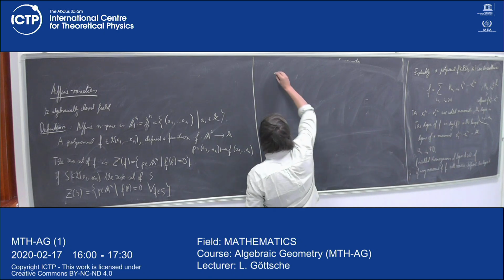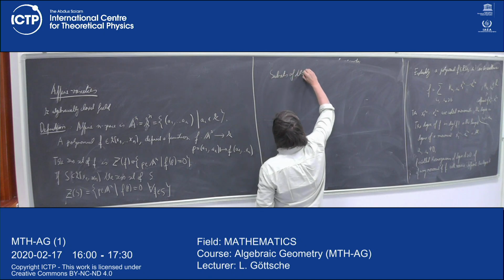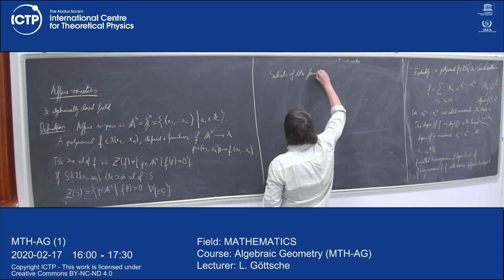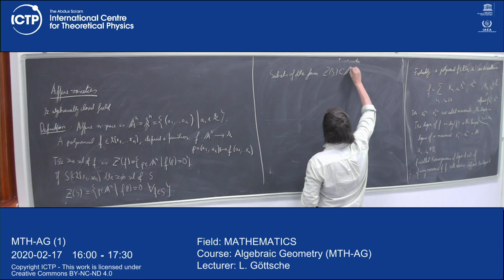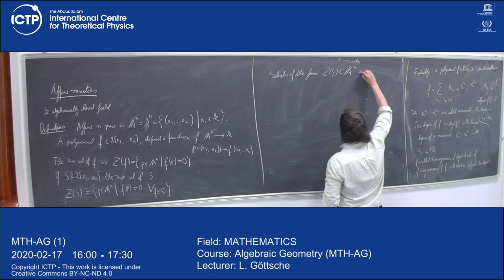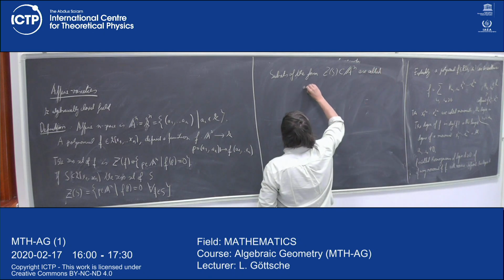So, subsets of the form Z of S in A^n are called affine algebraic sets.